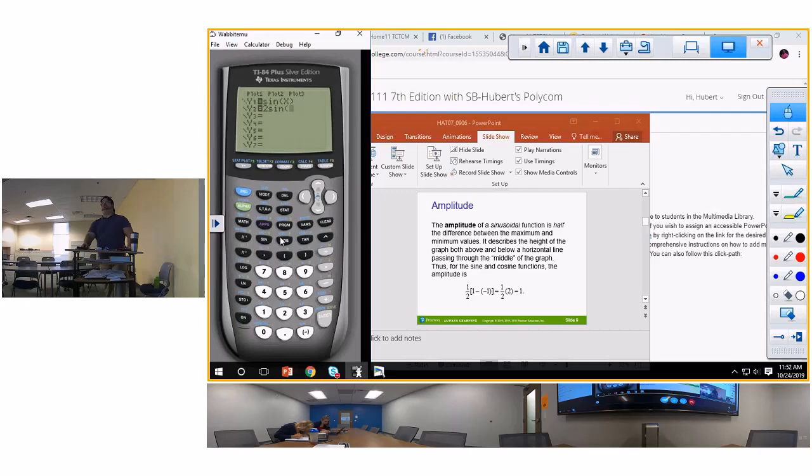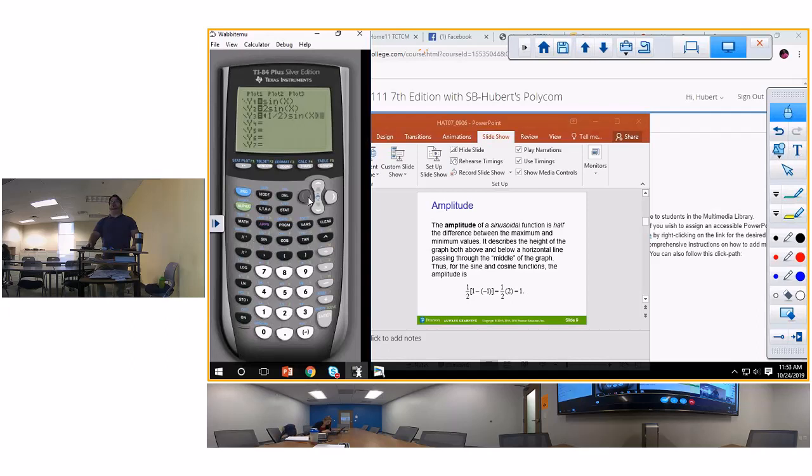And then I'm going to do a third one, and I'm kind of getting the cart before the horse here. It's your parents' fault if you don't understand what I just said. And I'm going to say parentheses 1 divided by 2, close parentheses, sine of x.